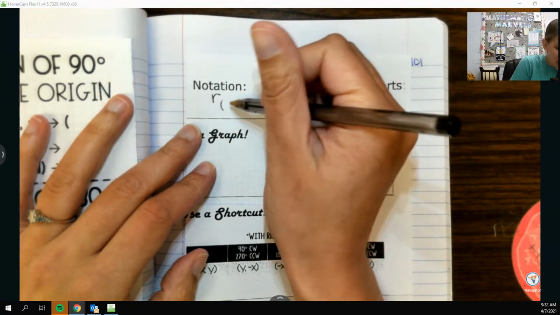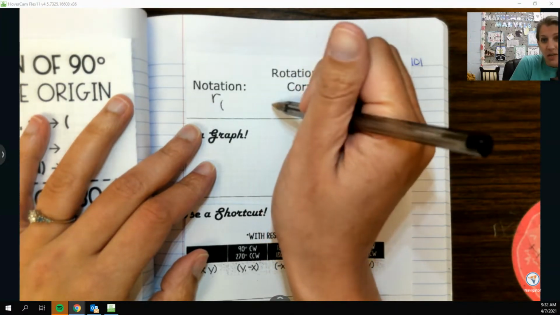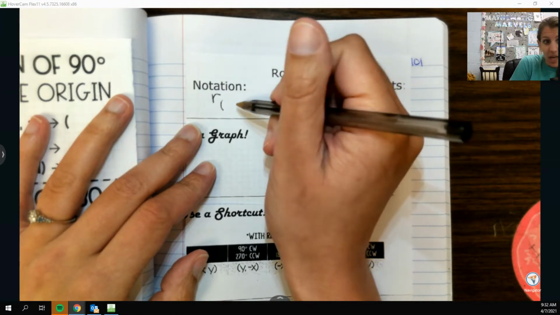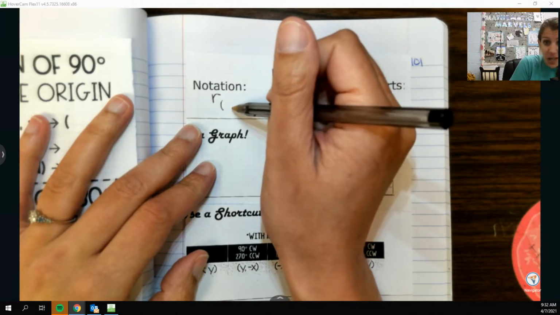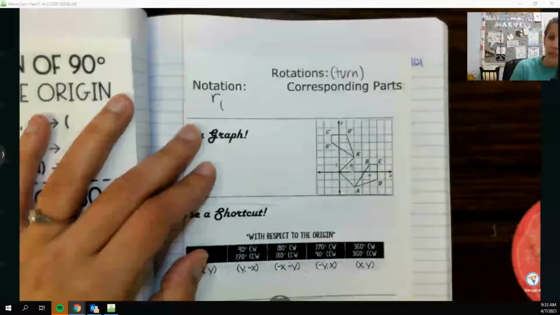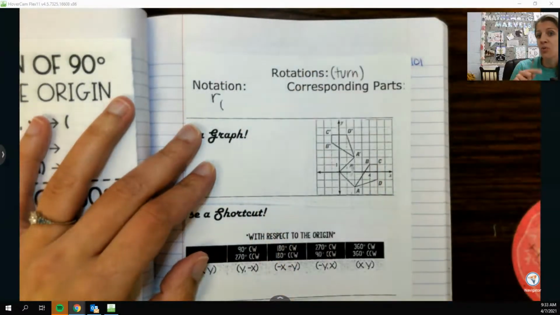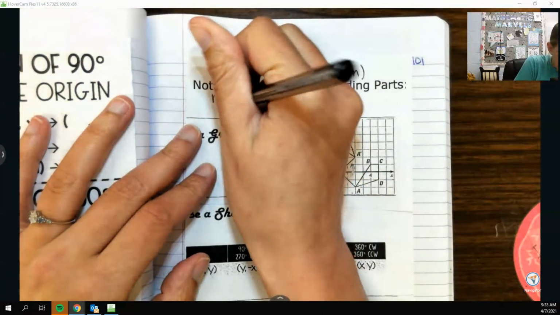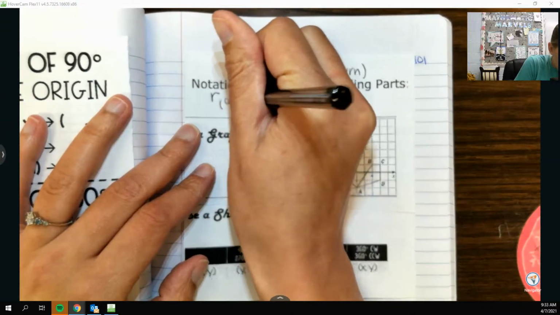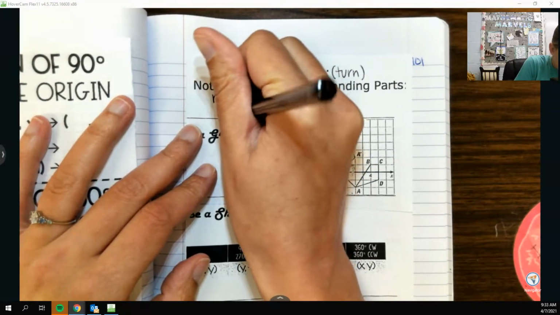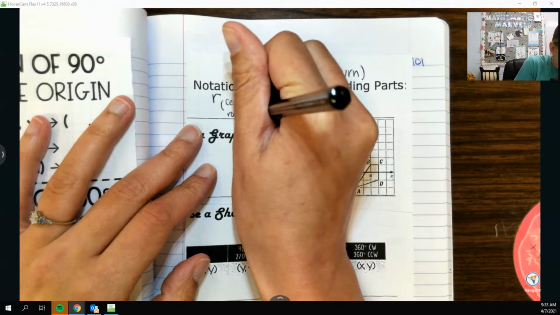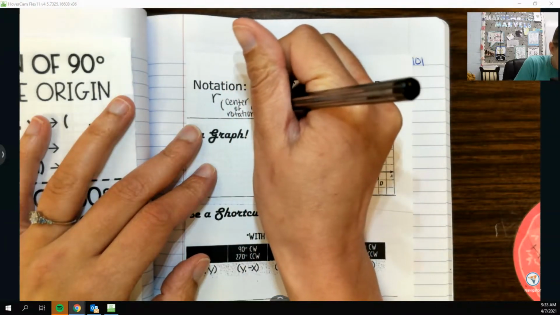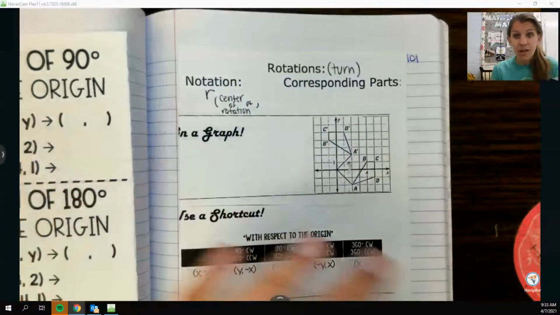And then there are two things that have to go down as your little subscript in parentheses. The first thing is what you are rotating around. What is the center of rotation? Which will be a point, somewhere on the graph.